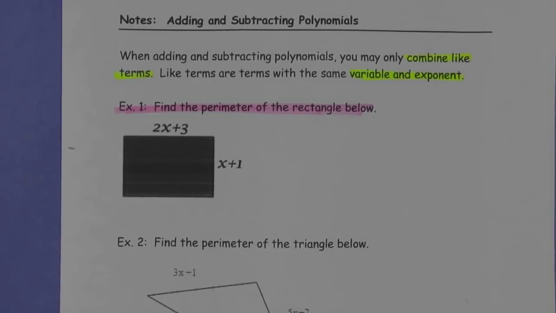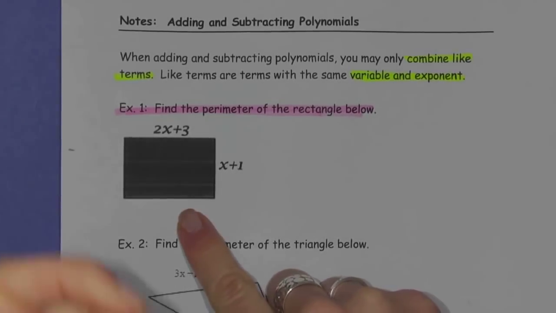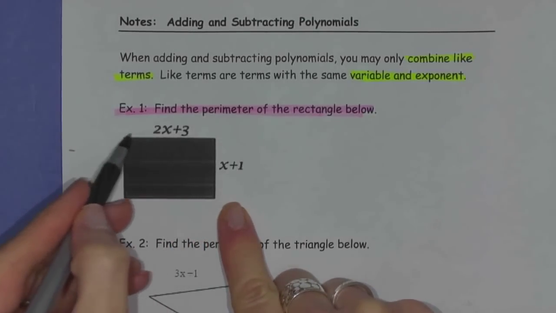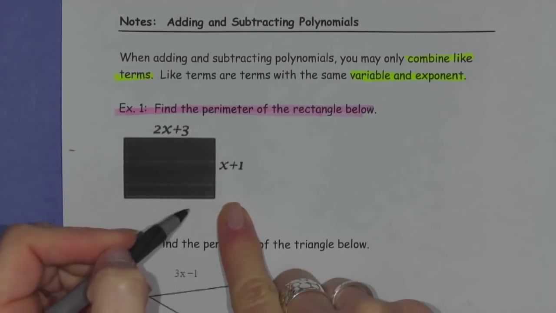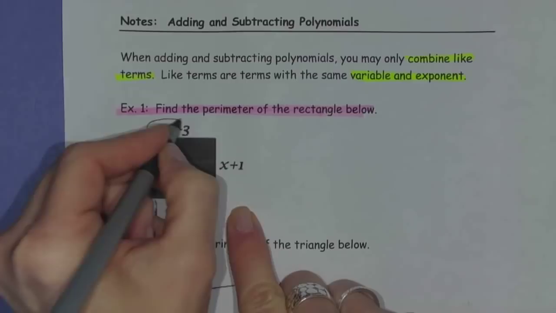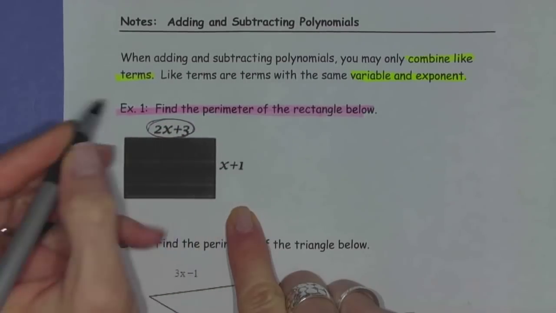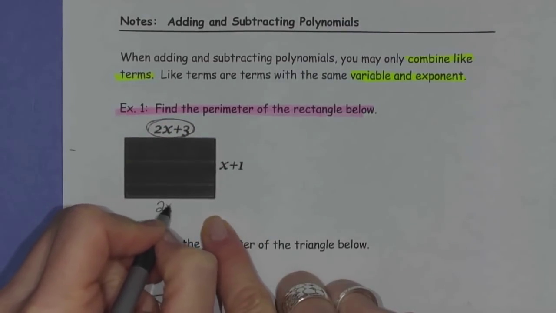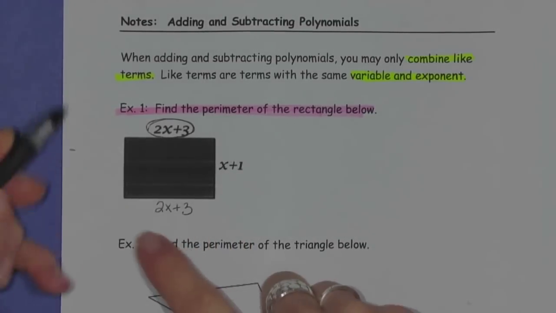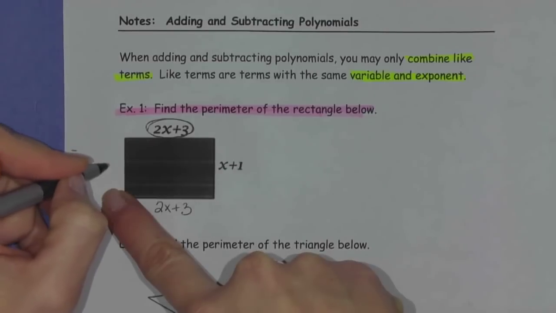They've given me two sides, but I know from previous work with rectangles that the lengths of sides opposite each other are the same. So if this length here is 2x plus 3, then this length over here is also going to be 2x plus 3. And same here, x plus 1, x plus 1.